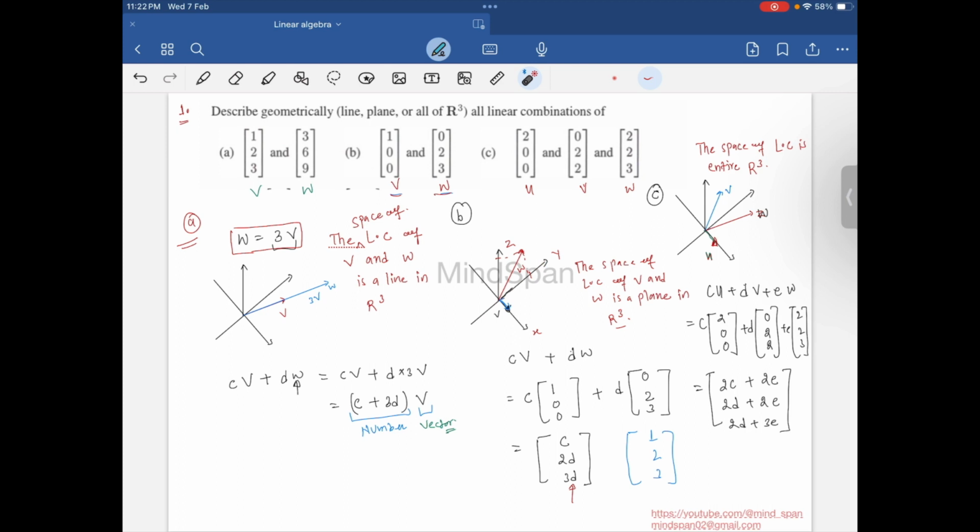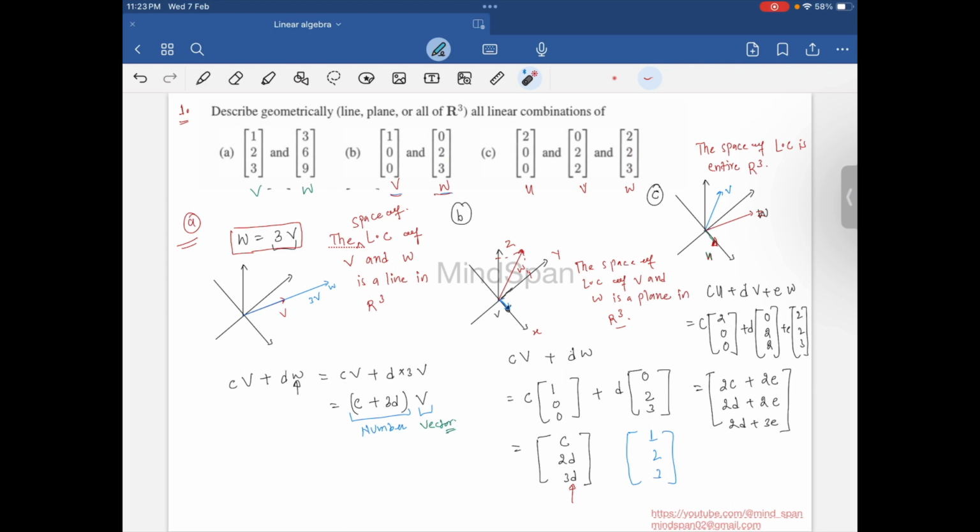And in this case c, with the combination of the vectors u, v, w, by picking a particular choice of c, d, e, you can explore each and every point of this three-dimensional space. So this summarizes this question, and I hope it makes sense to you.